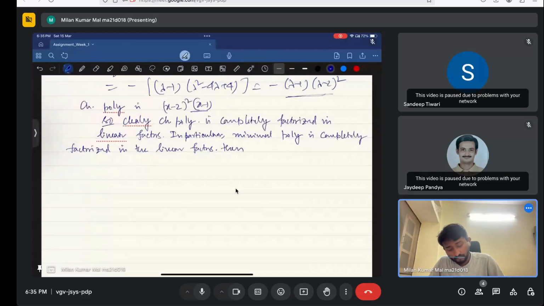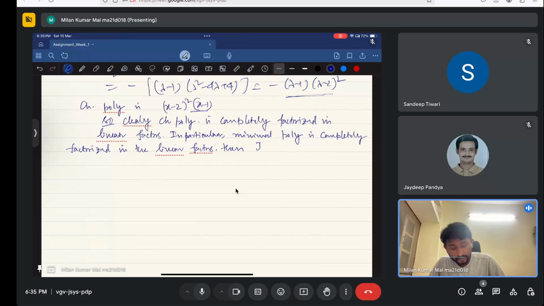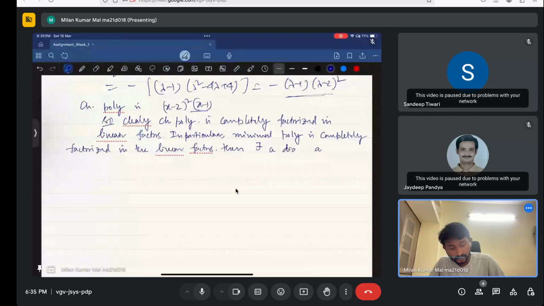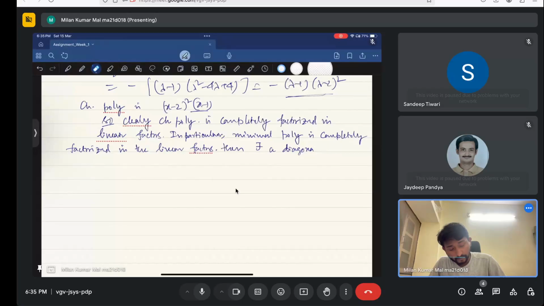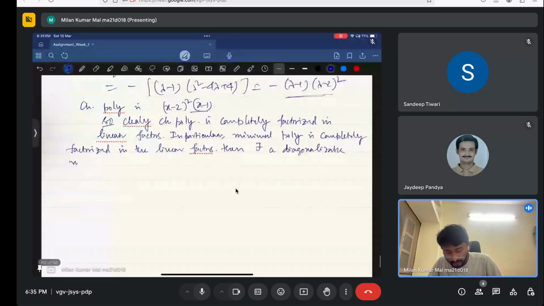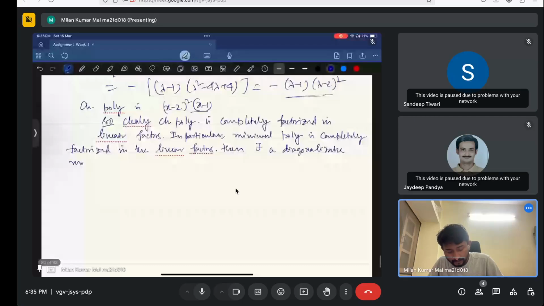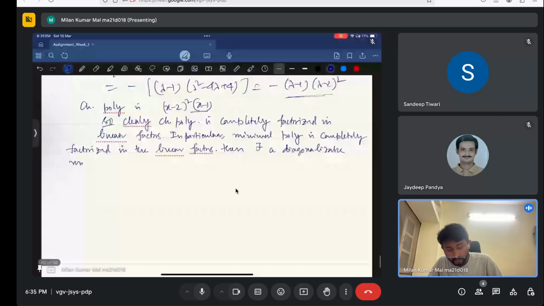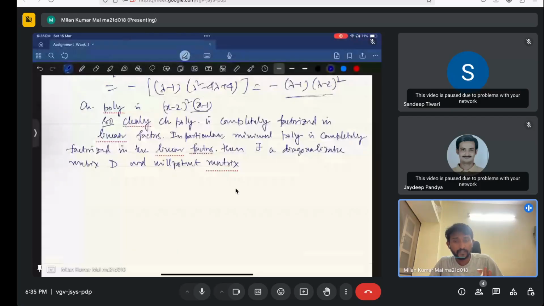Then there exists a diagonalizable matrix D and a nilpotent matrix N. Recall again, a nilpotent matrix means a matrix for which some power will be 0.